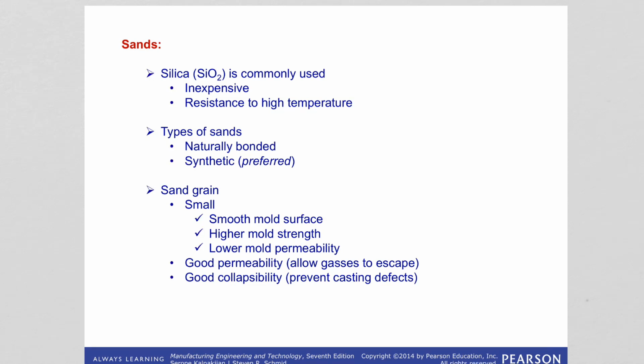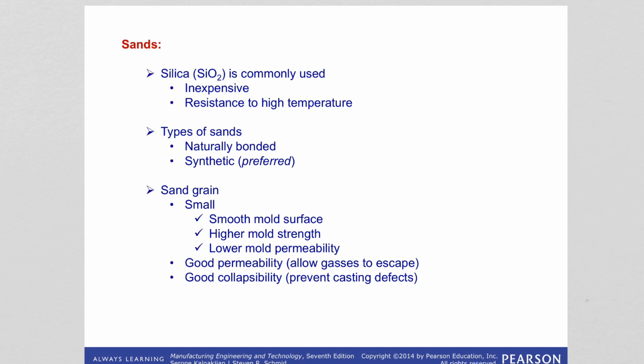The mold also has to have good collapsibility, meaning it should allow the casting to shrink while it's cooling. The molten metal can stick to the surfaces of the mold, and if this happens, then it cannot shrink freely.